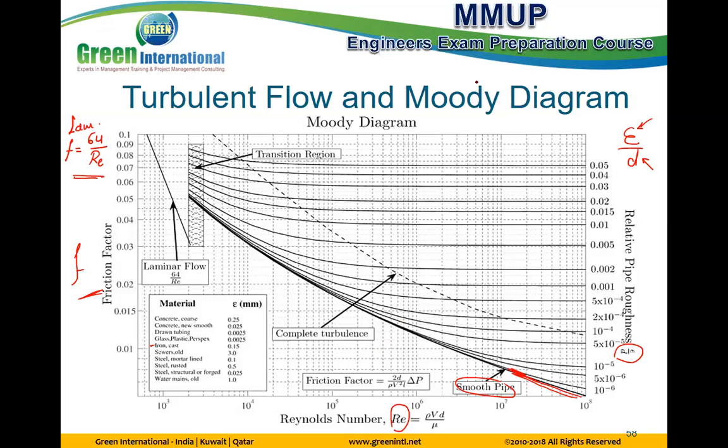The question asked in the exam just brings a figure like this with some curves like this, and mentions A, B, C, D. And the question is: which curve is for the smooth pipe?